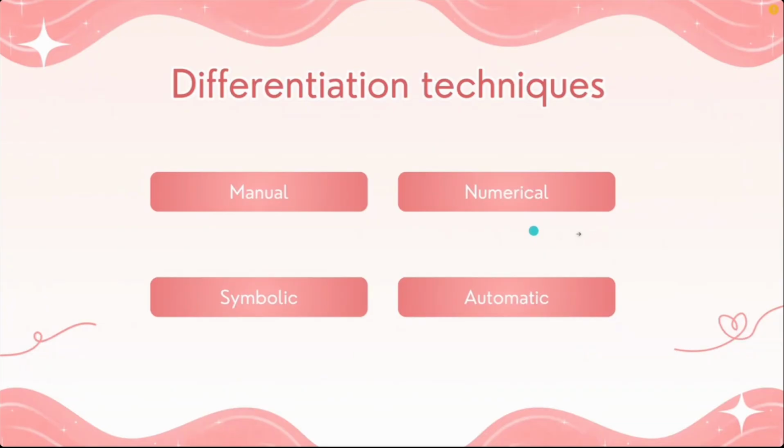There are three major ways: one is numerical, one is symbolic, and one is automatic. In recent developments, all the major frameworks like PyTorch, TensorFlow, JAX have converged towards automatic differentiation. We'll go through why that is the case, why numerical and symbolic don't fit that use case very well, and where they are actually useful.